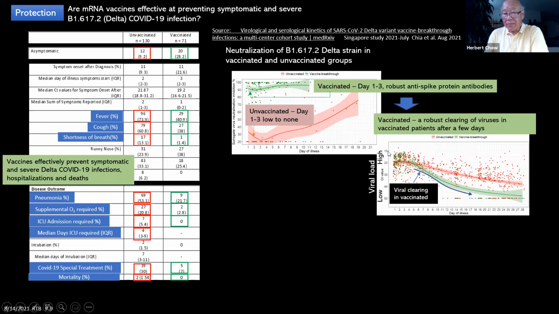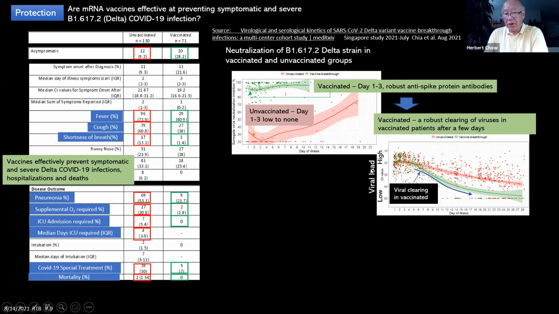So the lower the number, the more virus. I assume these are throat swabs or nasal swabs. In the nasal swab, these guys have a lot of virus, all right? And rightfully so, they just got infected, and the antibody is just starting to kick in.